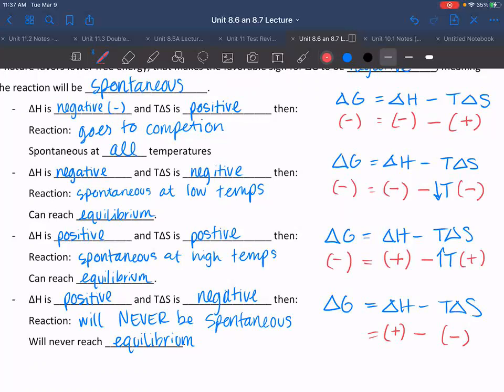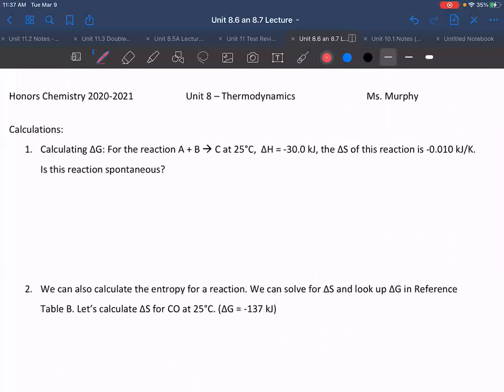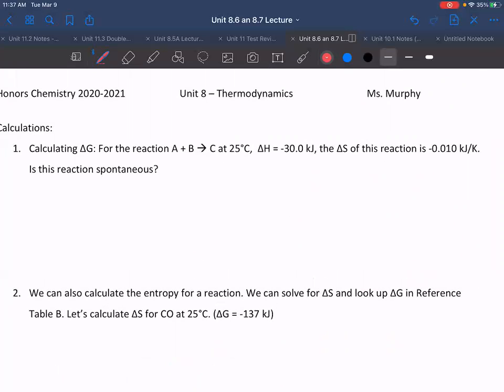Any questions on this stuff? Okay, let's do some actual examples. All right, so we are going to calculate our delta G. And so we have tables that tell us our delta H. I'm telling you the delta S of this reaction, but typically those aren't in a table. But we do almost everything at this 25 degrees Celsius.